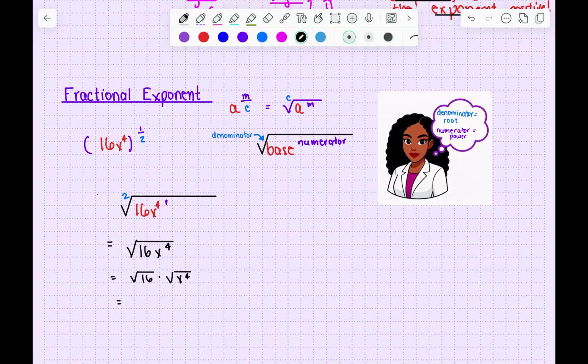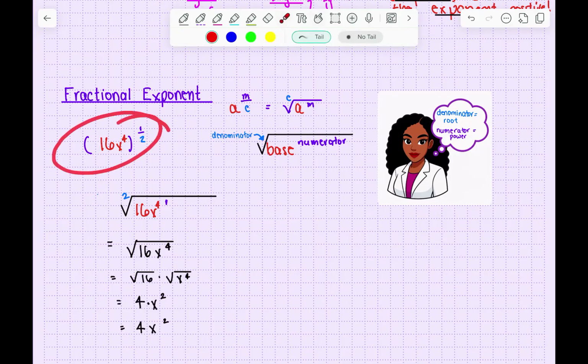The square root of 16 is 4. The square root of x to the power of 4 is x squared. So our final answer is 4x squared. It went from looking like something super crazy and scary to simply 4x squared.